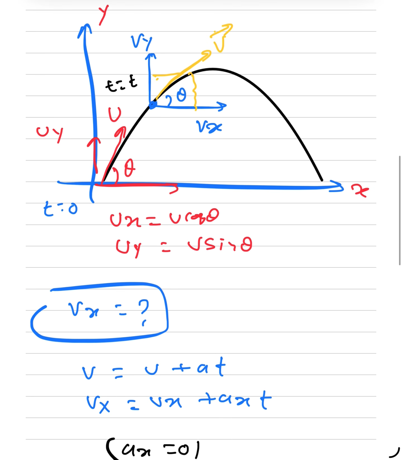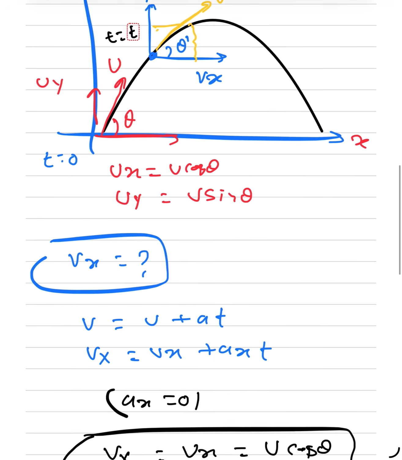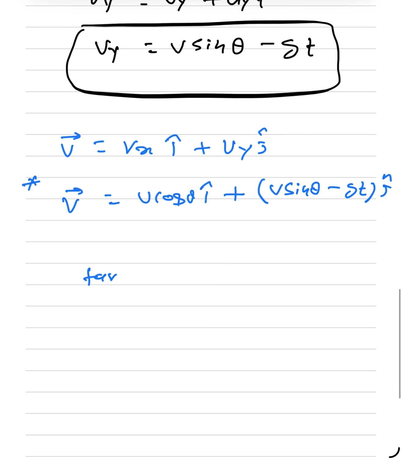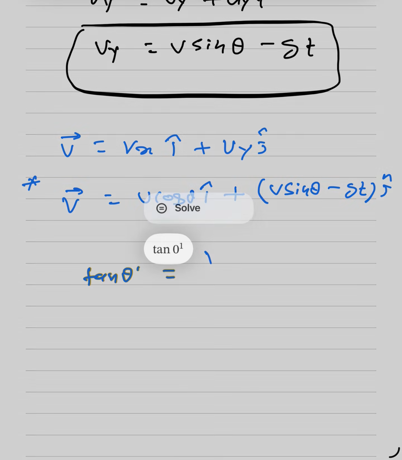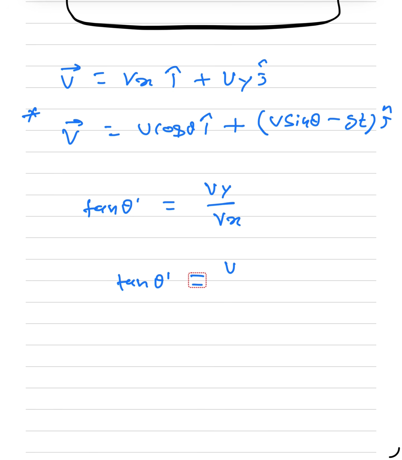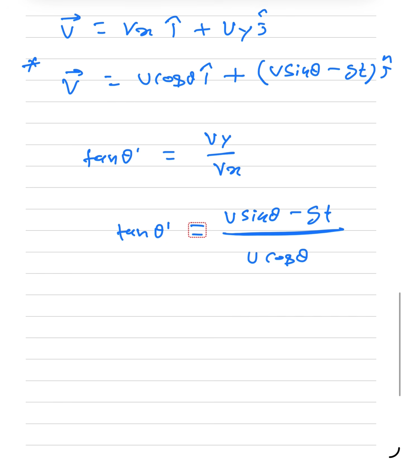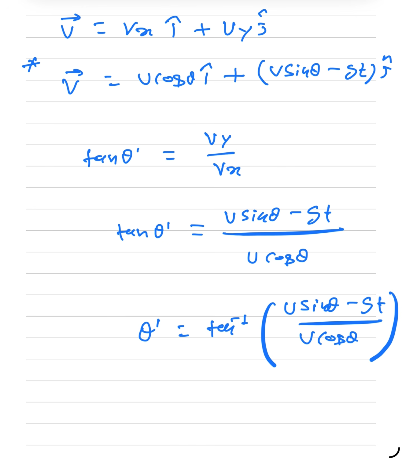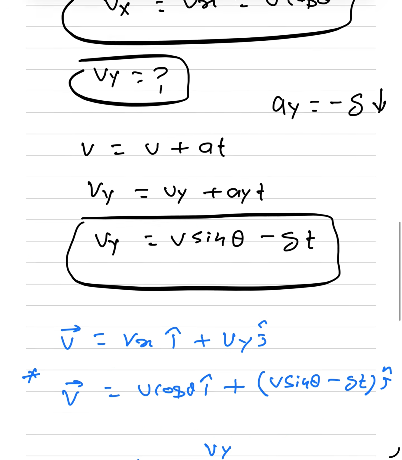And if we want to calculate this angle, suppose this angle is theta dash, because this is theta, and theta dash. tan theta dash equal to vy divided by vx, that is u sin theta minus g t divided by u cos theta, and theta dash equal to tan inverse of (u sin theta minus g t) divided by u cos theta.